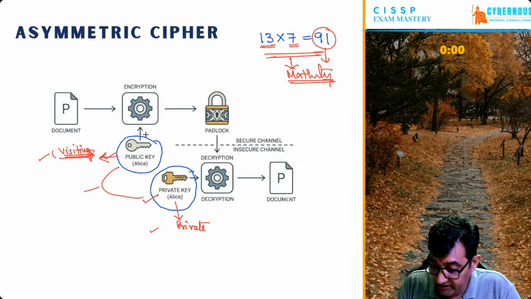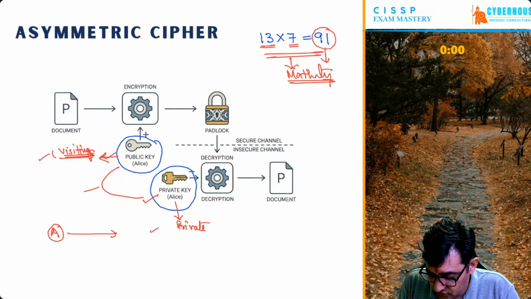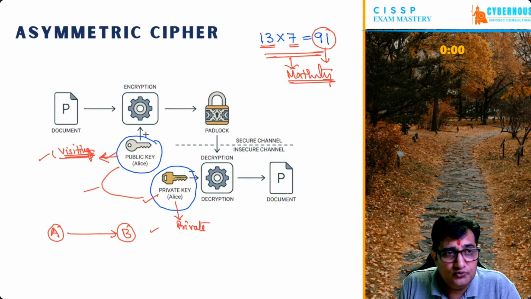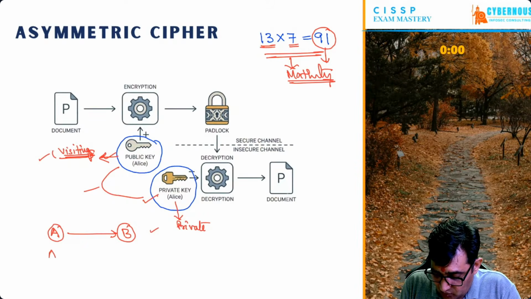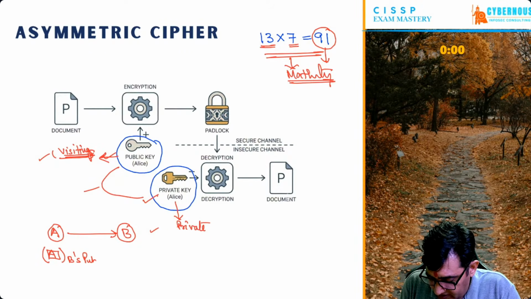Now, one very important thing: if A wants to send a message to B, which key is A going to use for encrypting the message? A is going to use B's public key.